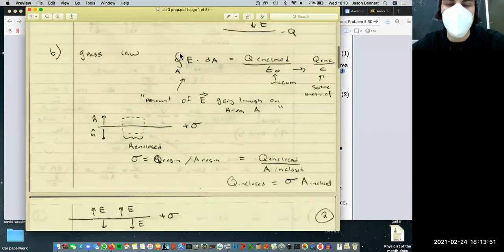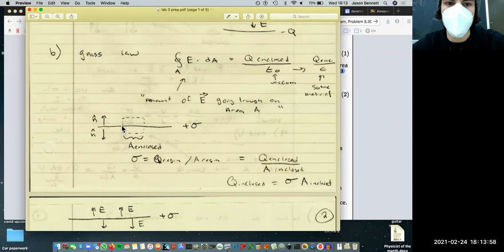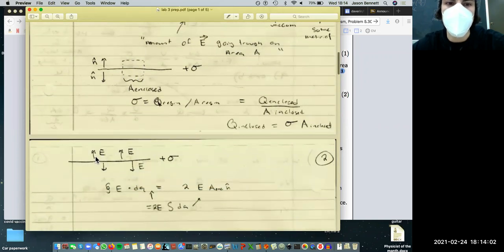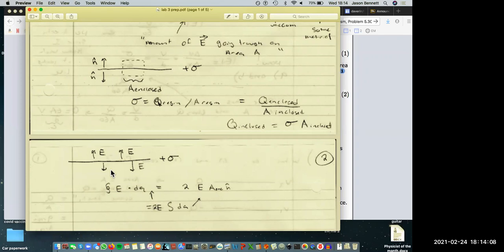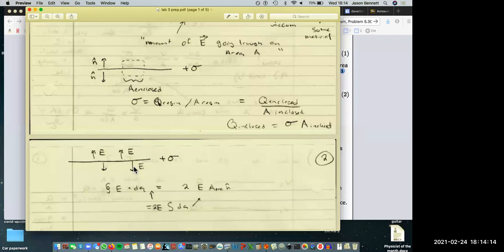So thinking about this equation, this says that if I integrate E over that area, E is like the number of field lines going through each of the areas. I know that this is a plus charge, so I know that the E fields go away from it, both up and down. And so the number of arrows on one side is exactly equal to the number on the other side.